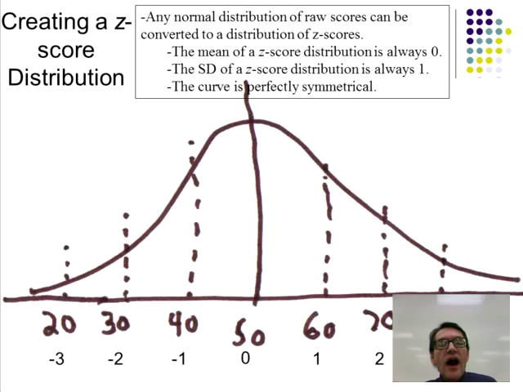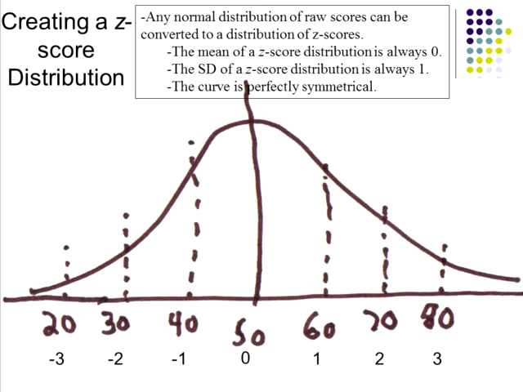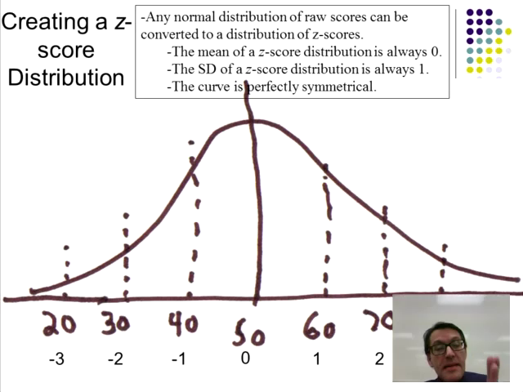Here, any normally distributed data can be converted to z-scores. As we said, the mean in this case is 50 and the standard deviation is 10. Therefore, the mean of your distribution of raw scores will always correspond to a z-score of 0, always.